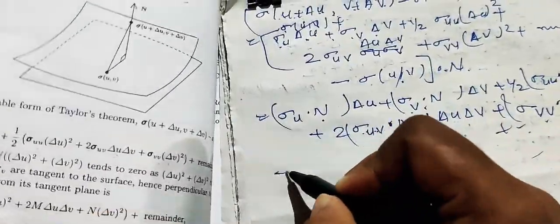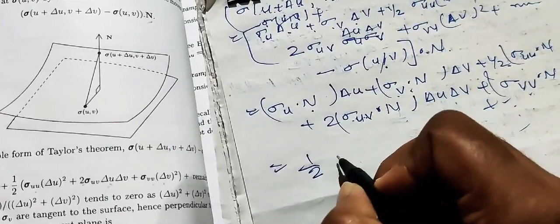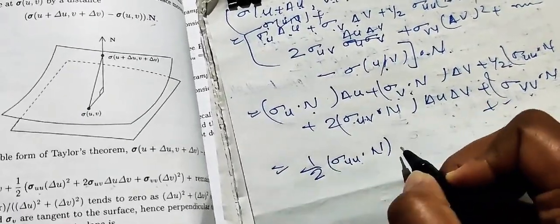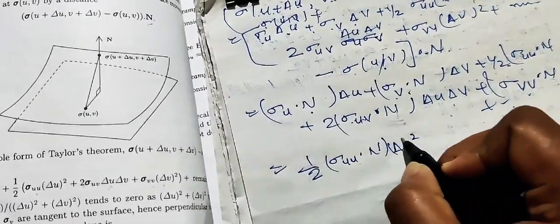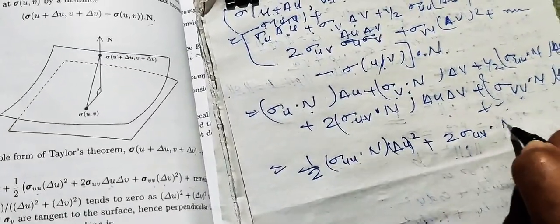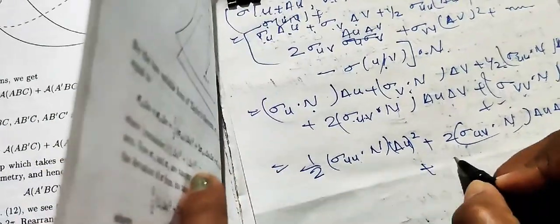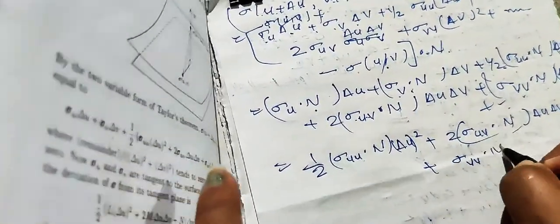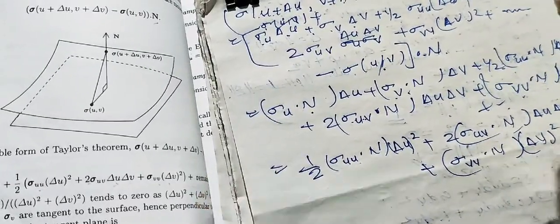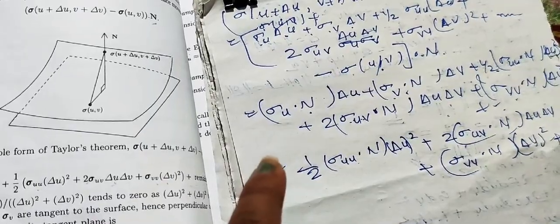So we get 1 by 2 into (sigma uu dot N delta u square plus 2 into sigma uv dot N delta u delta v plus sigma vv dot N into delta v whole square) plus remainder.